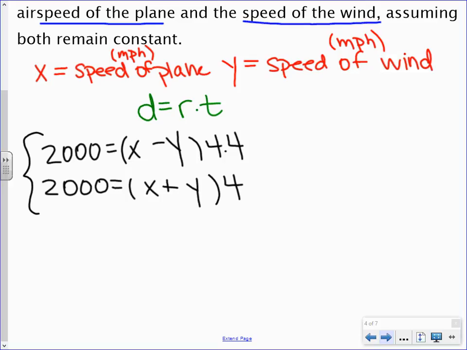This is the hard part, writing the equations. Now we're very comfortable with the algebra. Any suggestions on how to solve this?